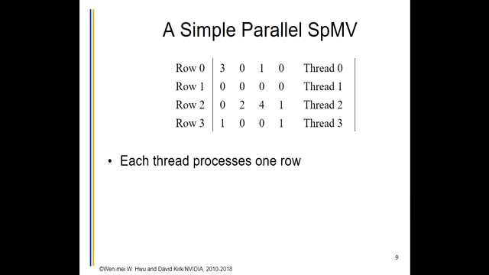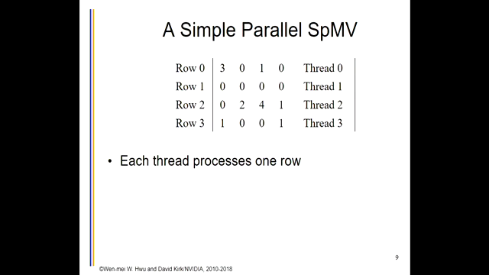So let's start with a very simple parallel sparse matrix vector multiplication. Here is that little 4 by 4 matrix, row 0 through row 3. We can just assign each row to one thread.